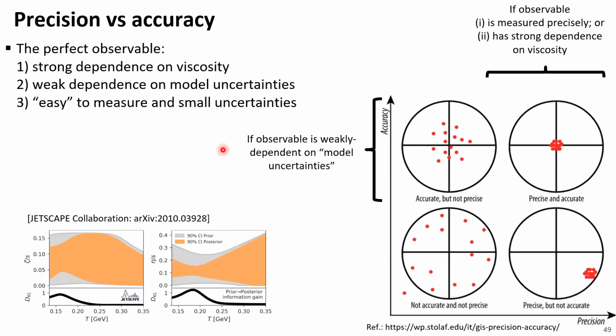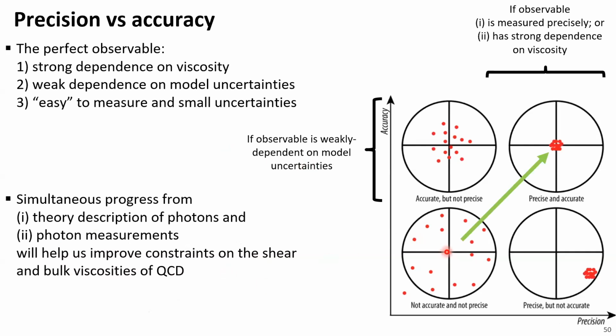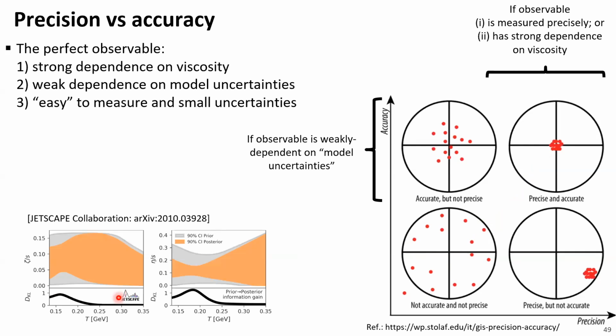When we saw this, we were not surprised, because we're not saying that you can't constrain bulk viscosity well. We're saying that when you try to constrain your shear and your bulk viscosity, you have to consider many factors at the same time. So you need an observable that depends strongly on the viscosity, right?